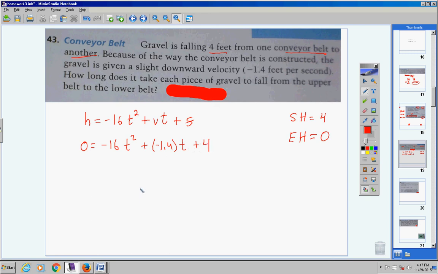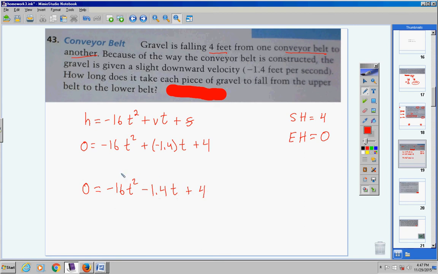So right away I realize I have a quadratic equation. I'm going to have to get one side equal to 0, and then use my quadratic formula. Okay, so here we go. 0 equals negative 16t squared, negative 1.4t, plus 4.